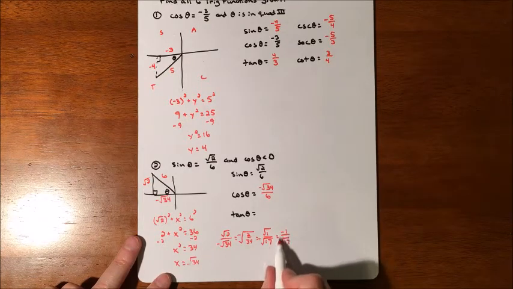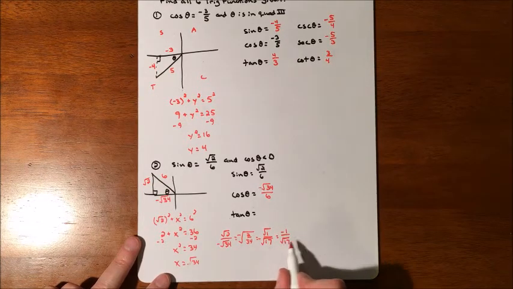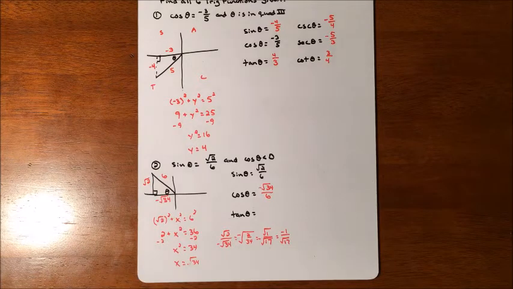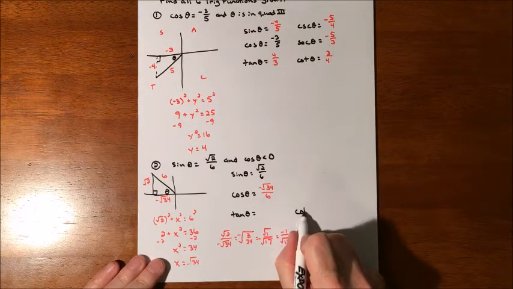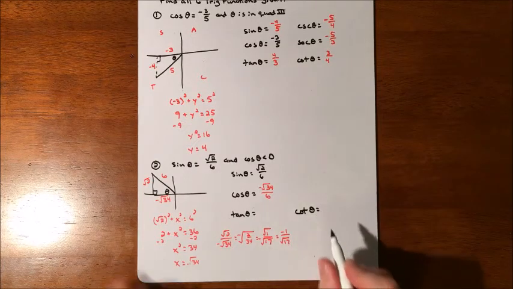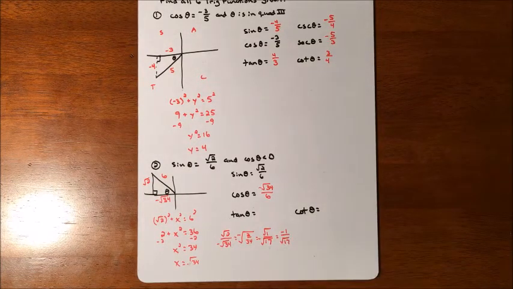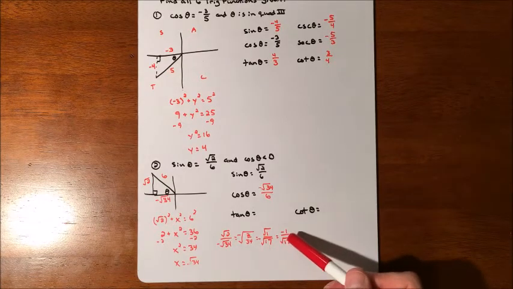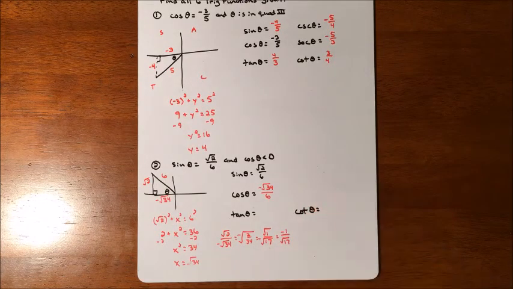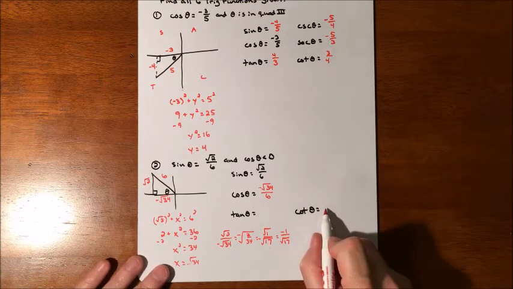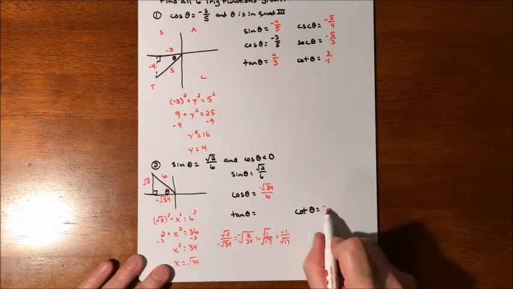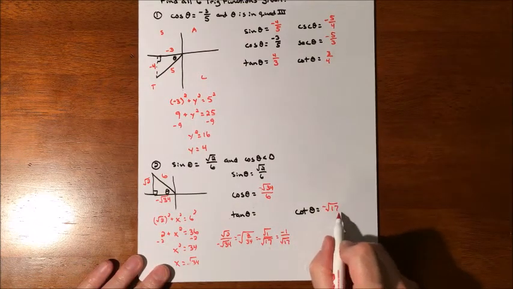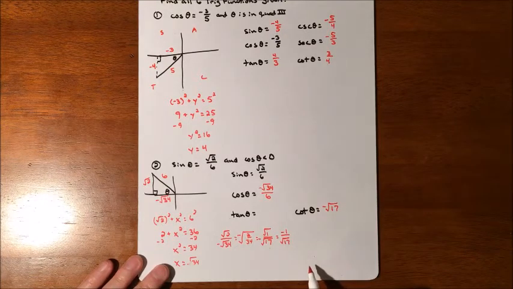And I'm going to come back to that step right there when we do the reciprocal, because, let me just do that right now. Cotangent is going to be the reciprocal. Well, all these steps are fair game to do the reciprocal, but this is the nicest one. Because if I just flip this, this goes up to the top, negative won't go away, and it's just the square root of 17 over 1, which I don't need.